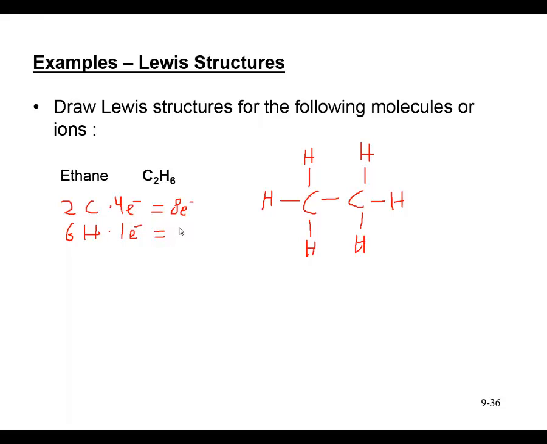I have 6 valence electrons from all the hydrogens. If I add those up, I have a total of 14 valence electrons here. And if I see how many I've used, 1, 2, 3, 4, 5, 6, 7, 8, 9, 10, 11, 12, 13, 14, 2 per single bond. So I've used all my valence electrons, so it looks like I'm done. So that would be my final answer.